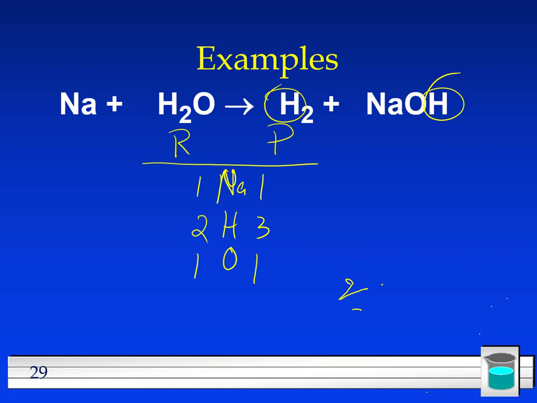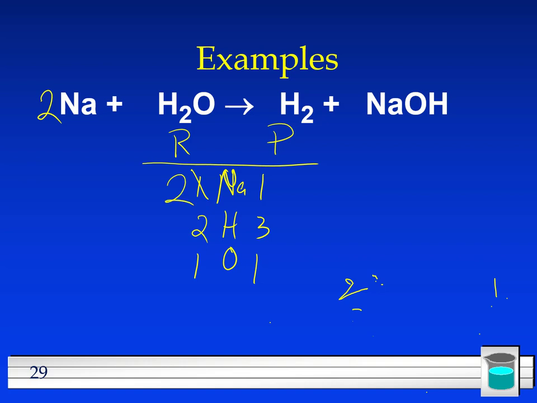There isn't one. Why not? Because it's even on one side and odd on the other. So I have to double what's in front of that Na. What's in front of that Na is a 1. I doubled it to a 2.